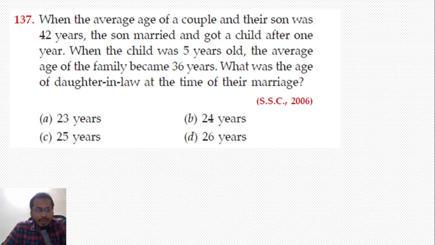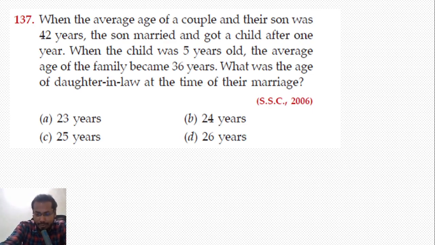Okay guys, the next question, most beautiful question. When the average age of the couple and their son was 42 years. Couple and their son. The son married and got a child after 1 year. When the child was 5 years old, the average age of the family, that means 5 years after, became 36. So what was the age of the daughter-in-law at the time of their marriage?